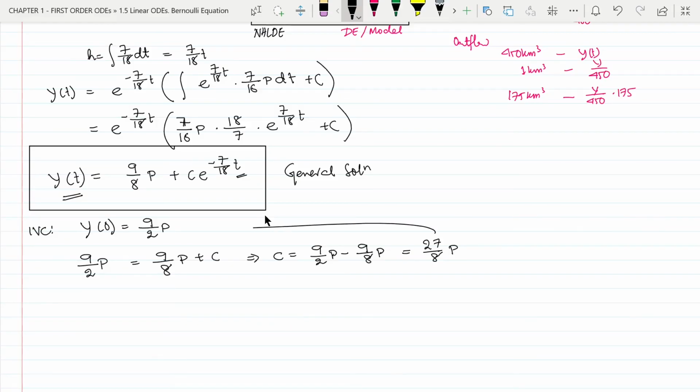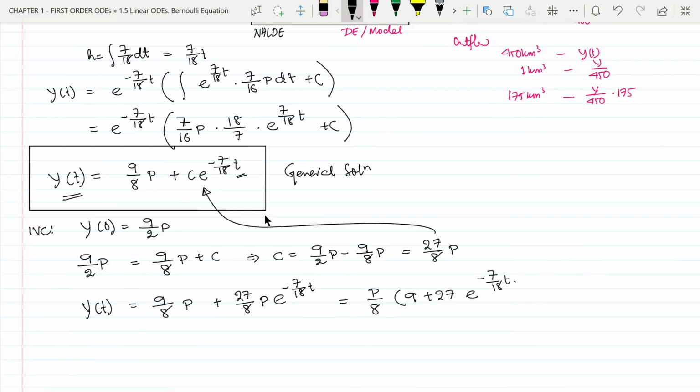Now we can substitute this value of c in the general solution to get the particular solution, which is y of t equal to 9 by 8p plus 27 by 8p e to the power minus 7 by 18t, which is equal to p by 8 whole into 9 plus 27 e to the power minus 7 by 18t.